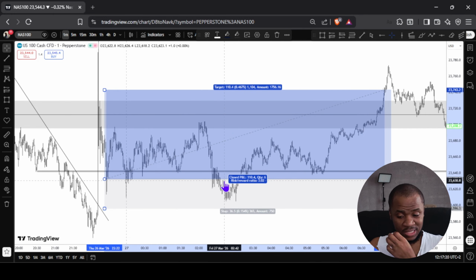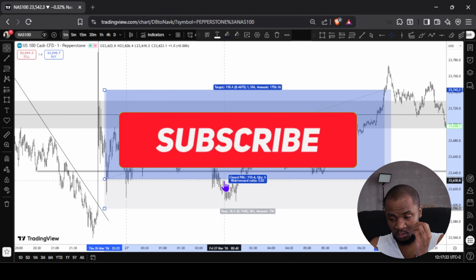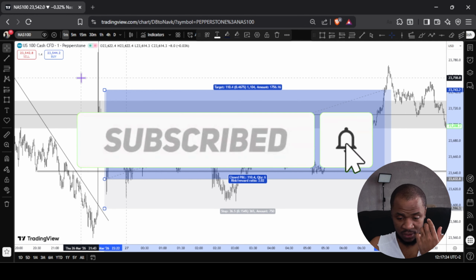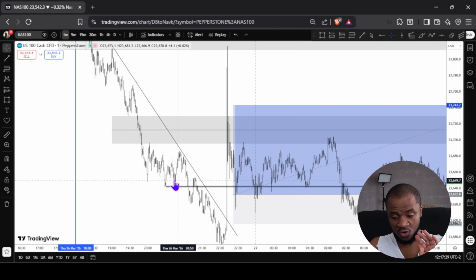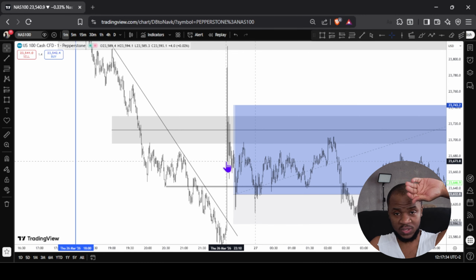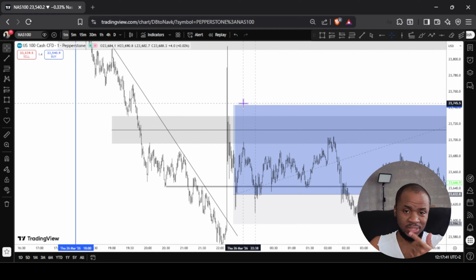But that's the simplest thing you could do for yourself. At 6 p.m., put a trend line, go into a 30-minute time frame, look for fair value gaps, and then wait for a breakout of that fair value gap, take a retest, and then push the market into an upside. As simple as that.